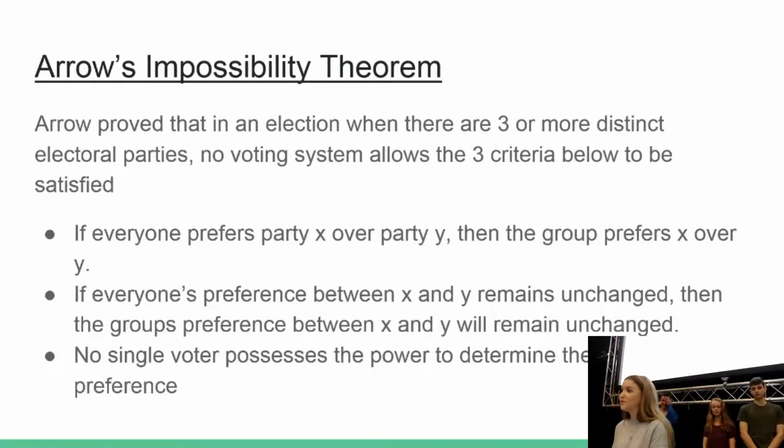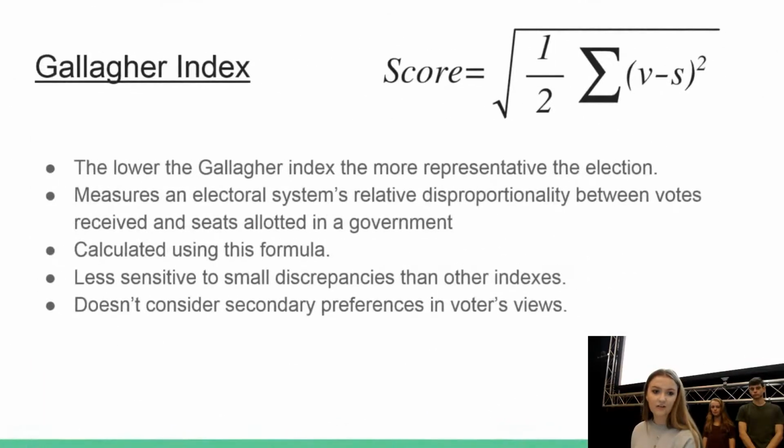So, after Arrow's impossibility theorem was proven, researchers decided that it was necessary to develop a method of assessing how representative an election was. This method is the Gallagher Index, shown by this formula. It is a measure of an electoral system's relative disproportionality, and it measures how representative an election was. It is measured using this formula, where V is the percentage of votes and S is the percentage of seats that a party receives.